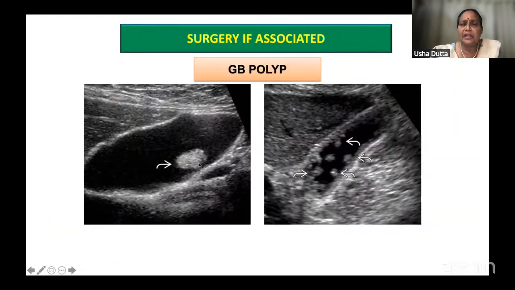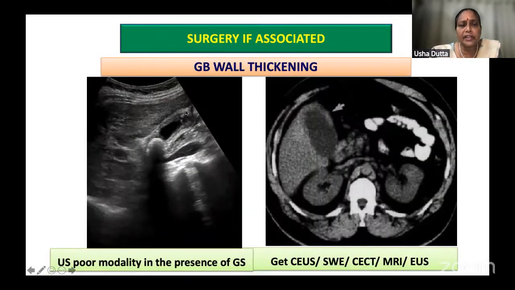Surgery should be done if the patient has associated gallbladder polyps, because in these patients we would like to have the gallbladder out. If there is associated gallbladder wall thickening, here you can see that there is a large stone in the neck and there is a thickened gallbladder wall. And these are patients who may have incidental gallbladder cancer. A good radiology prior to cholecystectomy is essential.